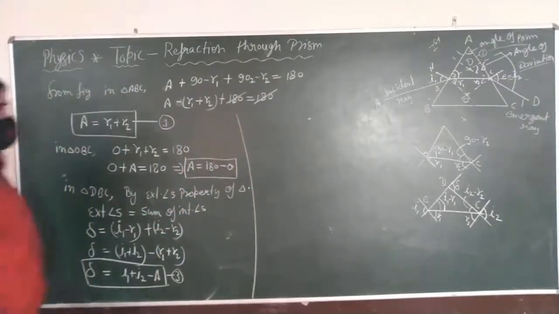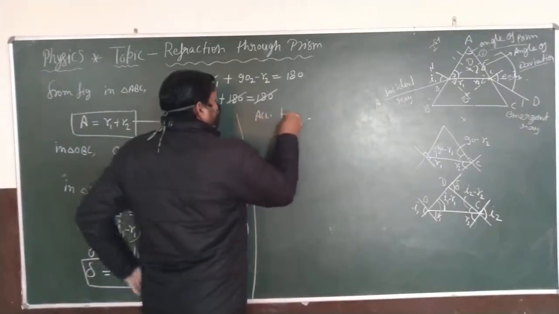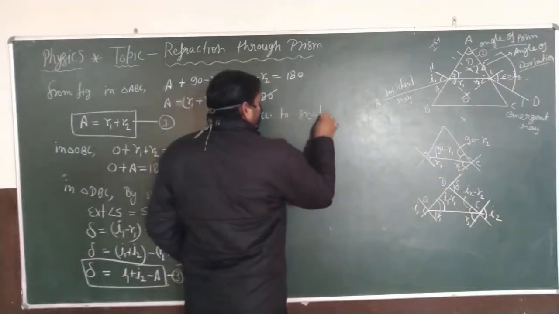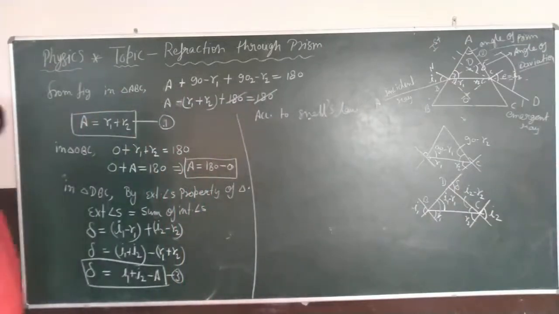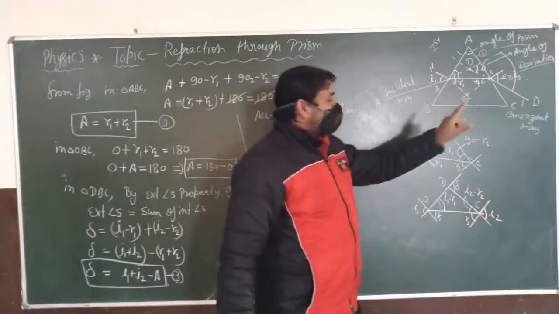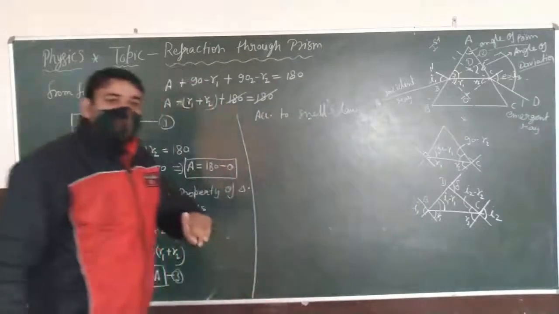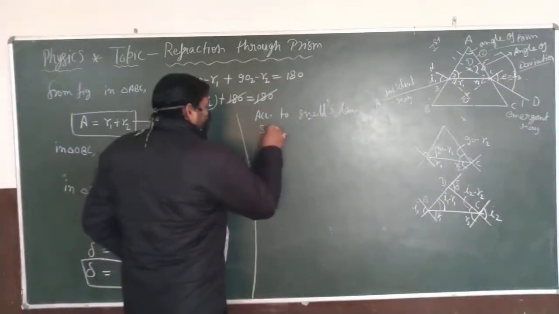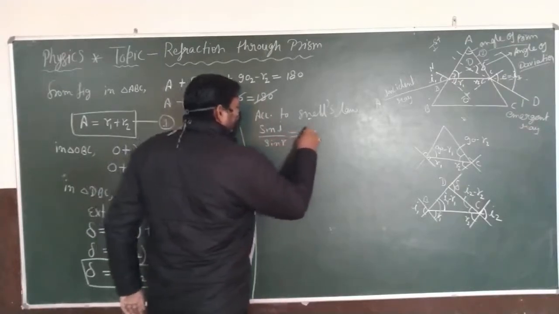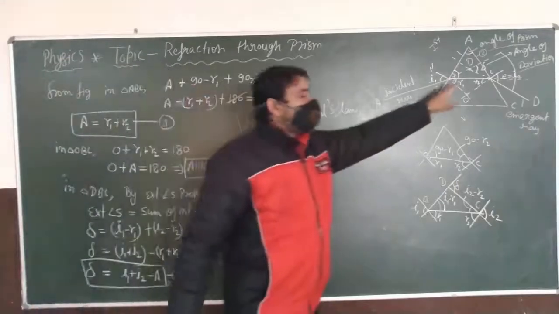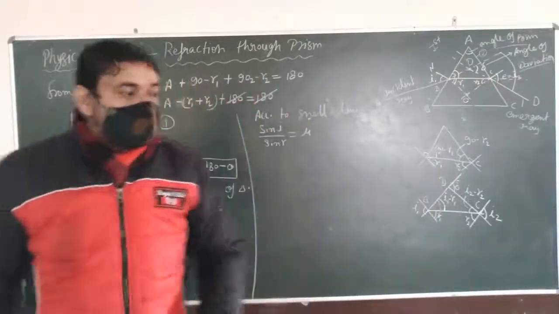Okay, now according to Snell's law, what do we get? Snell's law is that refraction takes place from rarer to denser and then from denser to rarer. So we are using sin I upon sin R is equal to mu, the refractive index of the second medium with respect to the first.